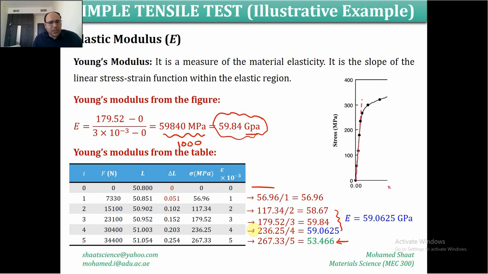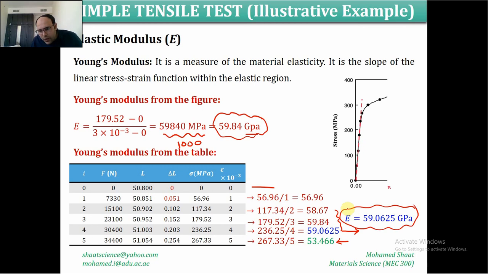One of the things that I used to do was choose the elastic modulus at the last point that gave me almost the same slope, the same relation, the same value. So in that case, I'm going to choose the elastic modulus as 59.0625 gigapascal. This is going to give us the Young's modulus of this material.